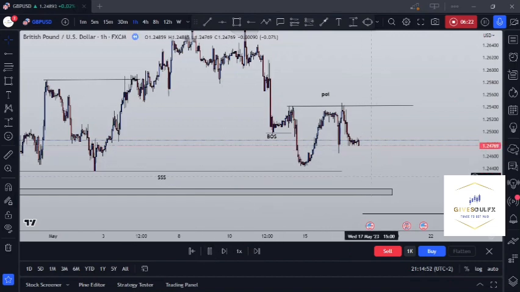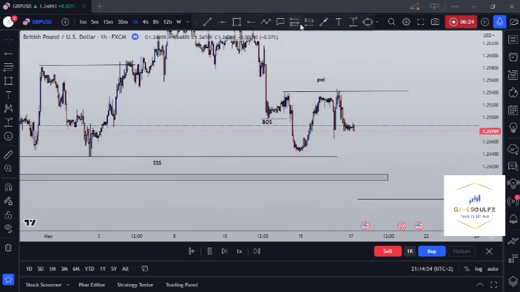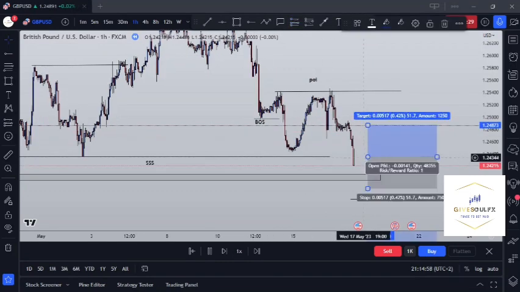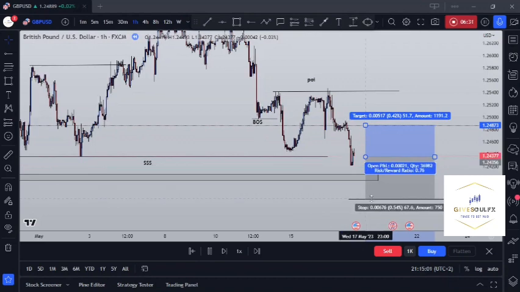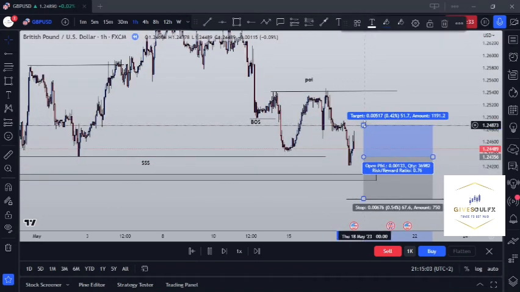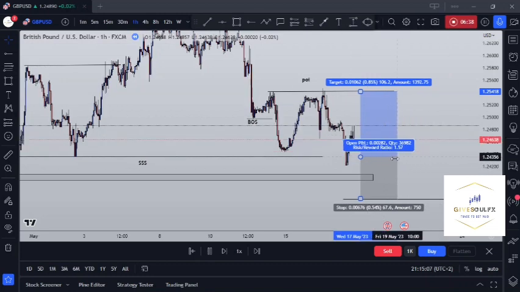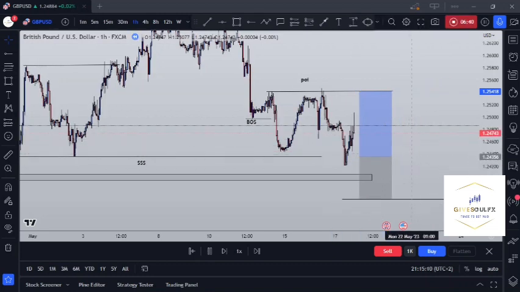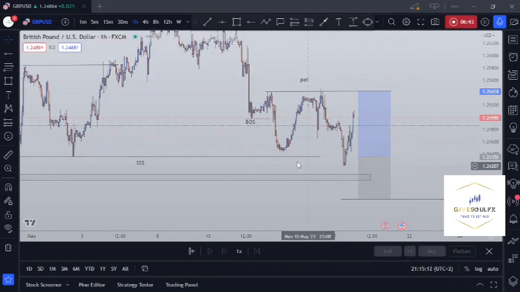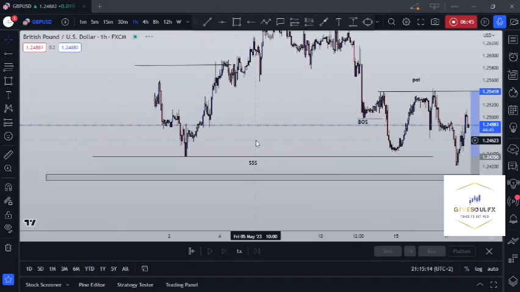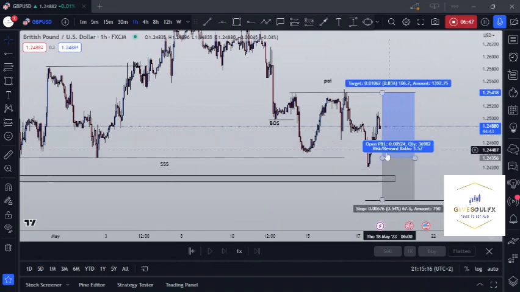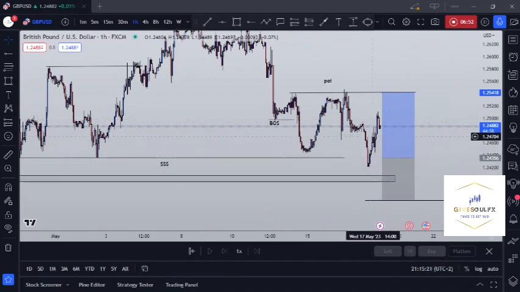As we can see, we had our trade placed here with a stop loss that is eventually here. This is what really happened here.